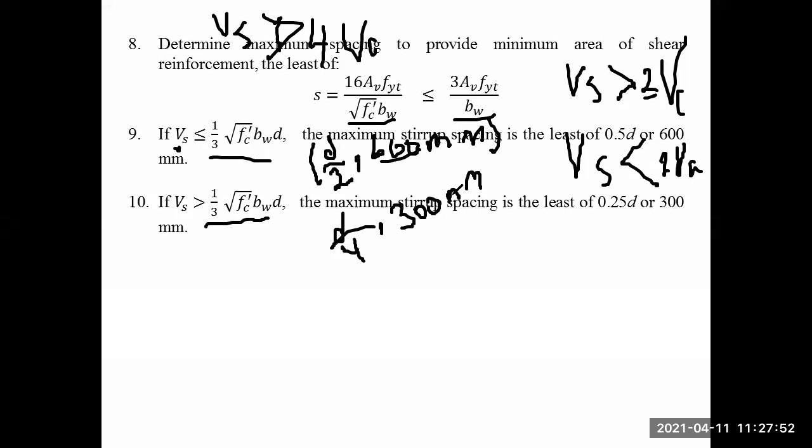If Vs is greater than 2 Vc, we divide it once more by 2, so it becomes d/4, and 600/2 becomes 300. That is how we apply them.